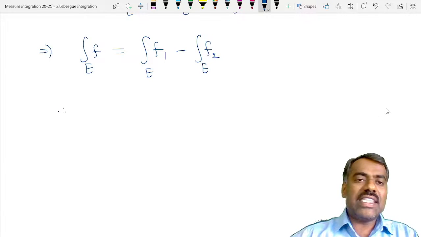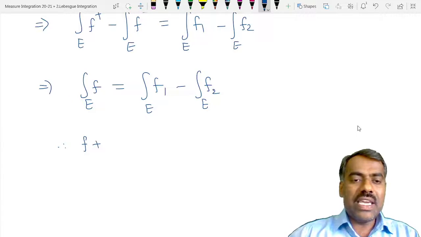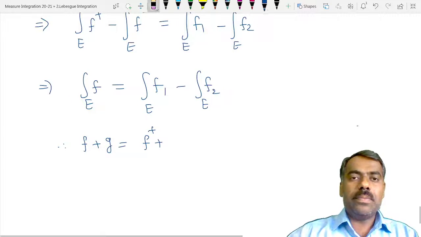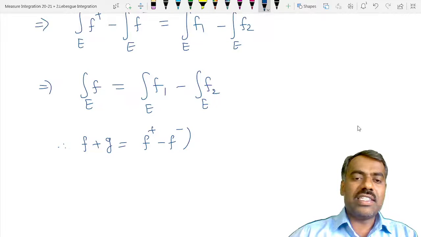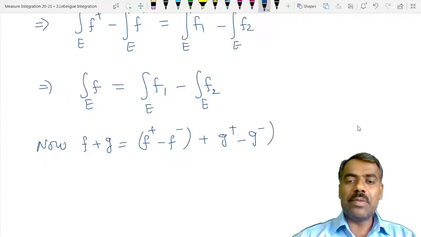Therefore, this f plus g, how can we write this f plus g? We can write f as f plus minus f minus. That means this is the value of f. Is this clear? Right? Similarly g is g plus minus g minus.